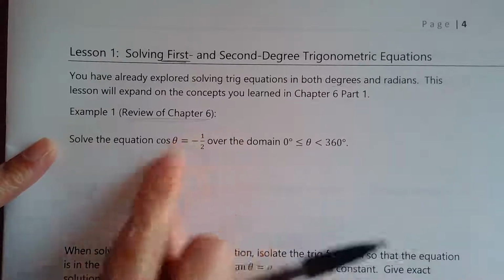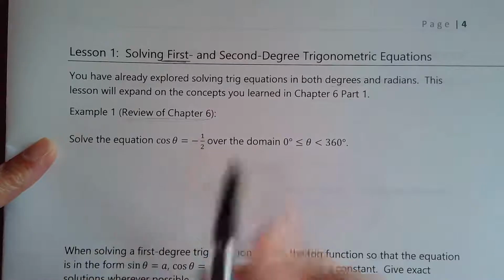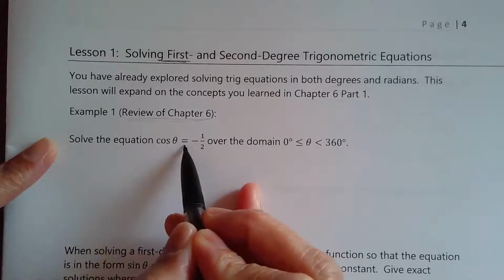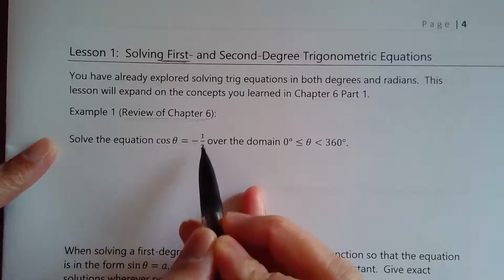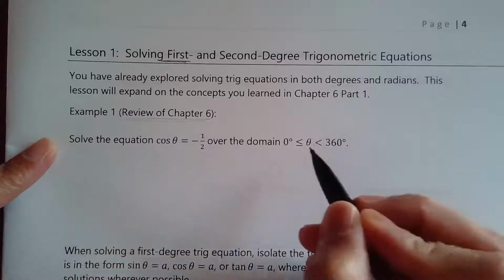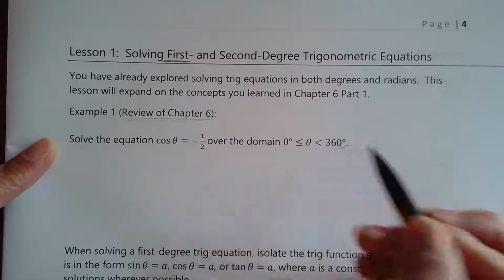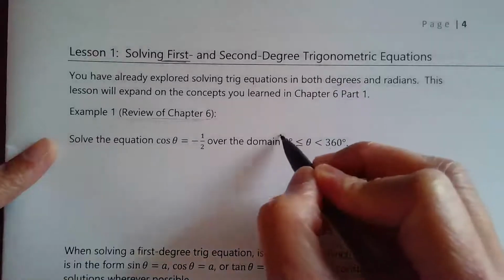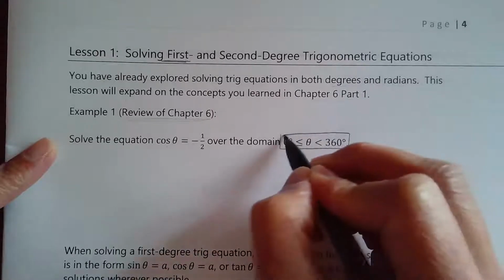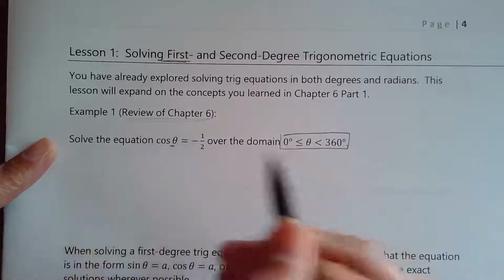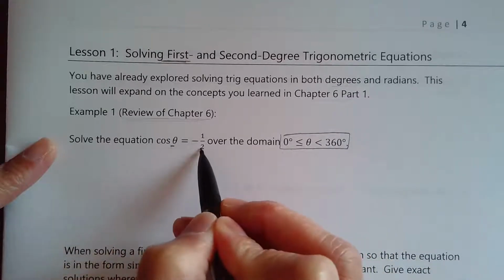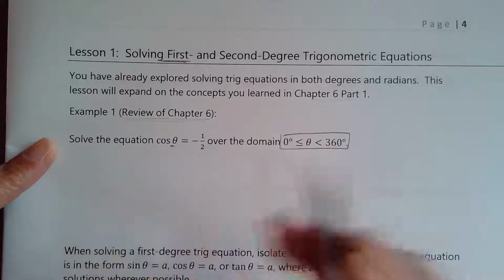So let's take a look at example number 1. Cos of theta is equal to negative 1/2 over the domain from 0 to 360 degrees. In this particular case, we were looking for an angle, theta, where the cos of theta is equal to negative 1/2.